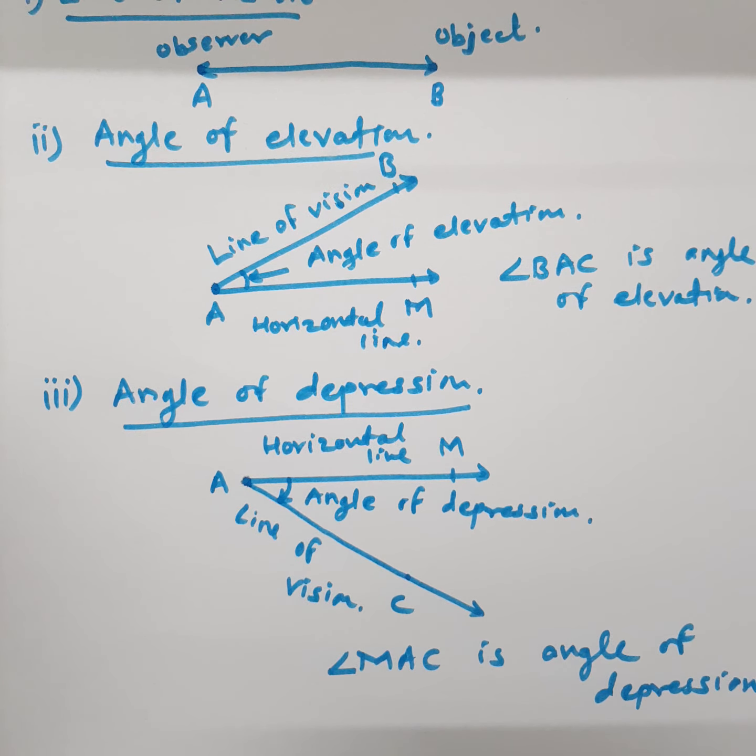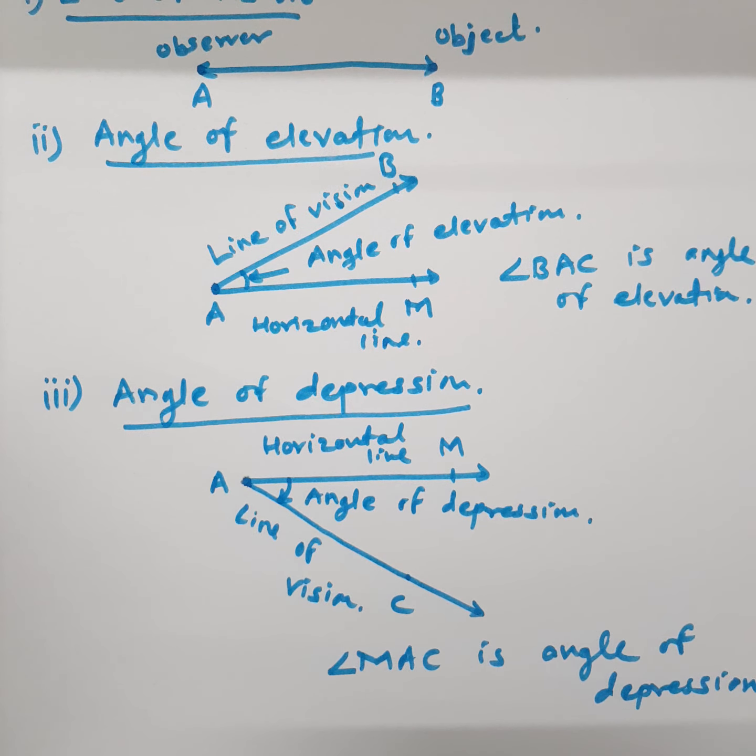These two angles, angle of elevation and angle of depression, we have to use while solving the problem. We have to use the appropriate angle and concept in that example.